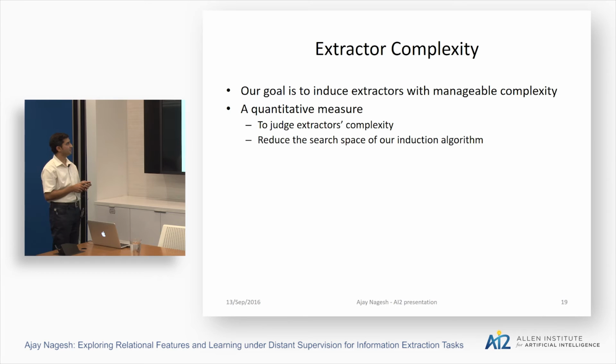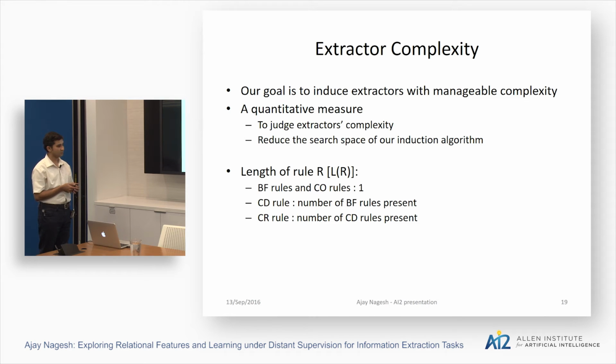It is a simple notion where we want to induce rules of manageable complexity, and it also reduces the search space of our algorithm. The expression is inspired from database literature, where we measure the length of a rule, to be specific, like the number of views in the from clause of an SQL query.